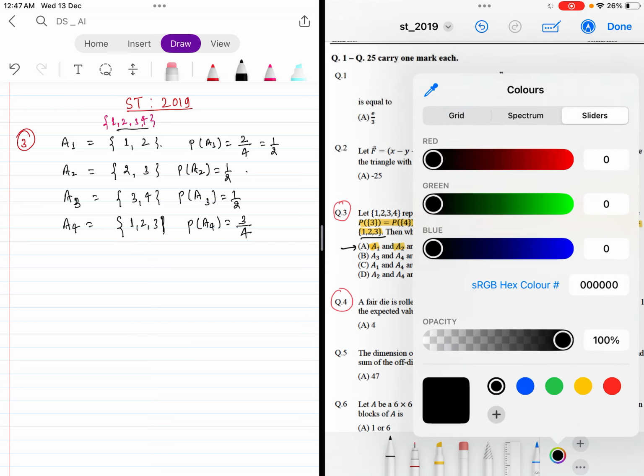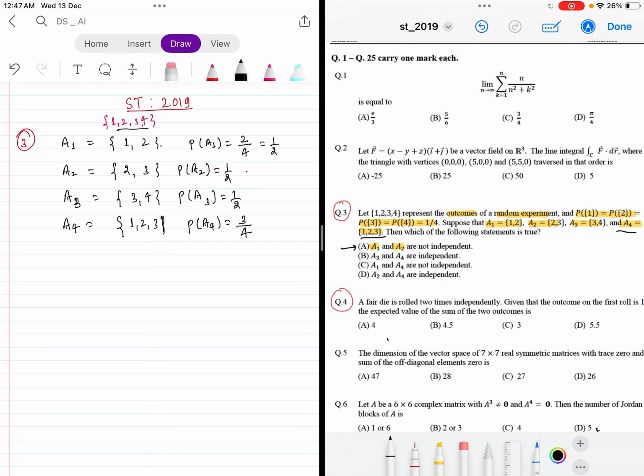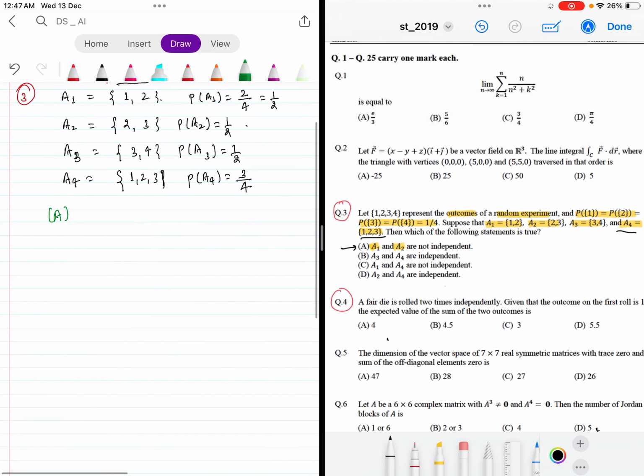So option A says a1 and a2 are not independent. Not independent means dependent. I will have to check whether a1 and a2 are dependent.